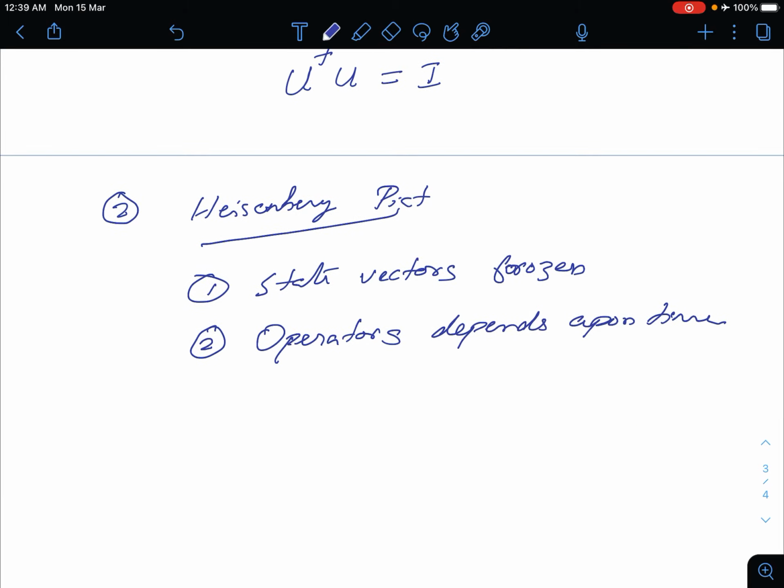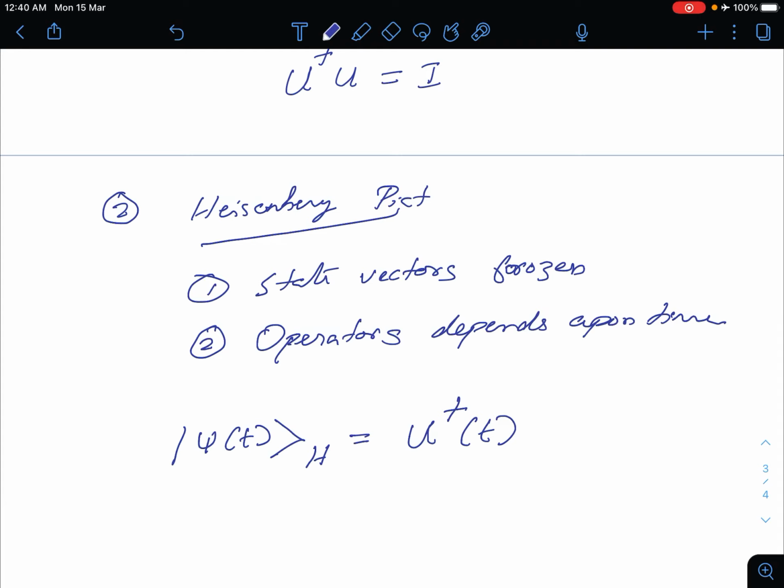The Heisenberg picture is obtained from the Schrodinger picture by applying u dagger on this psi of t. So the Heisenberg picture state vector, psi of t in H, is obtained when I apply u dagger of t.